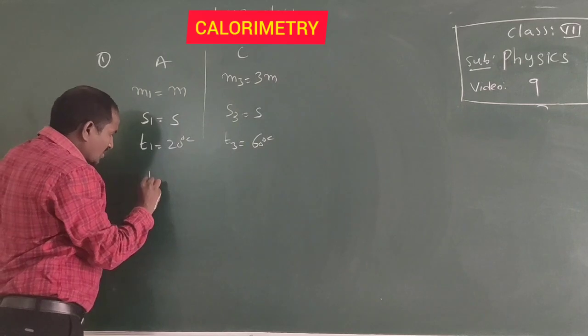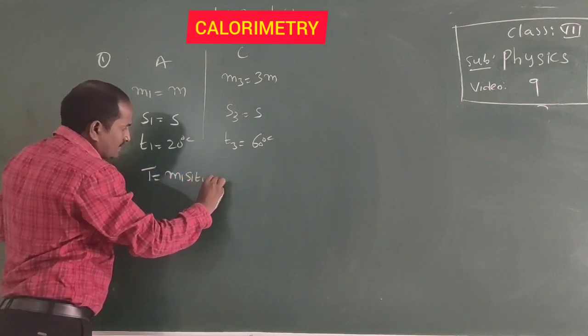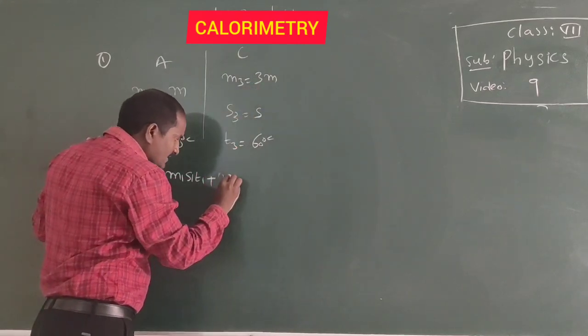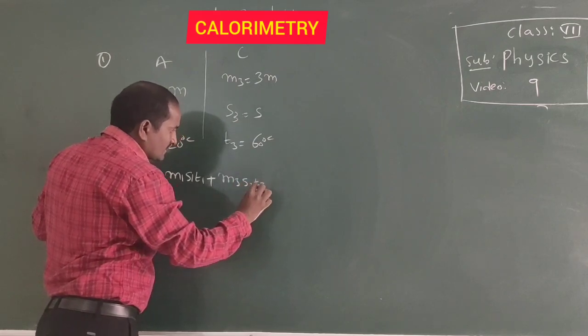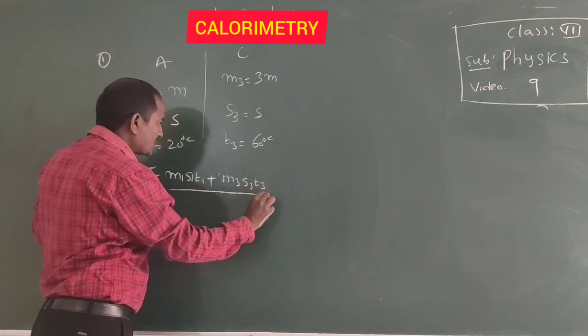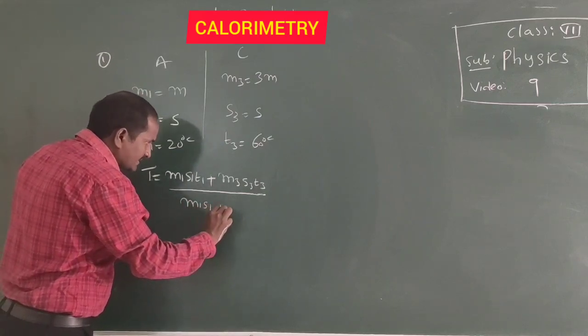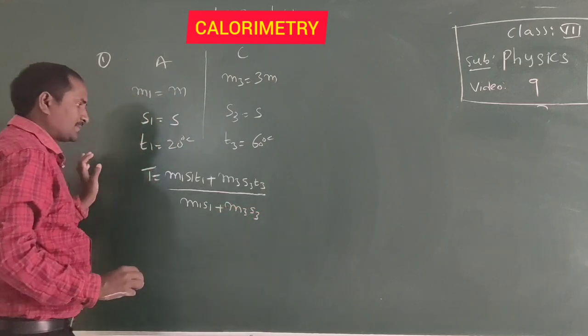So T equal to M1 S1 T1 plus next liquid of mass M3, so we can write M3 S3 into T3, by M1 S1 plus M3 S3.